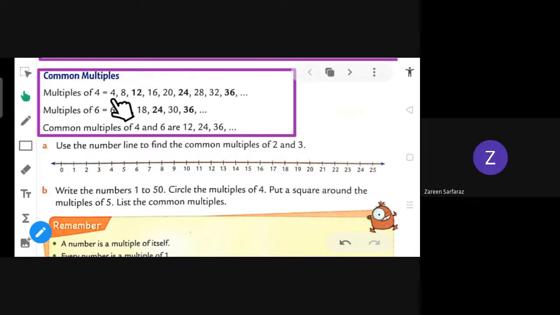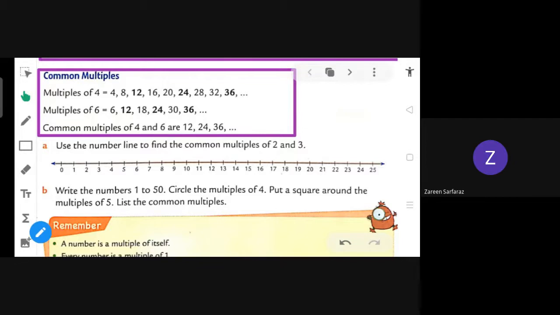When you multiply 4 with 1, you get 4. Four ones are 4, right? Then how did you get 8? Four twos are eight. When you multiply 4 with 2, exactly. So you already know how to find the multiples and make a list.